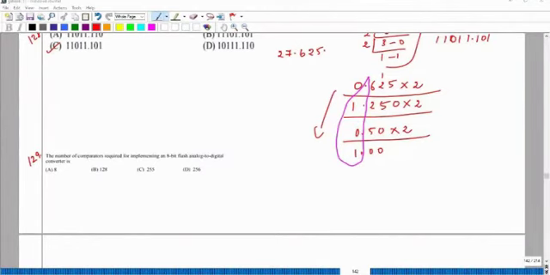The question: the number of comparators required for implementing an 8-bit flash analog to digital converter. So the answer is 2 power n minus 1. This is your formula.